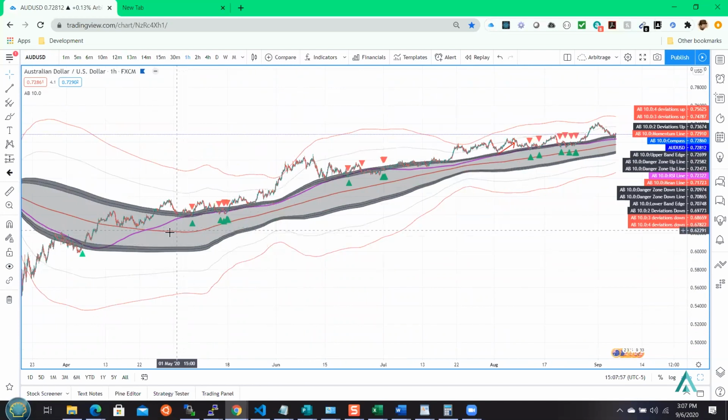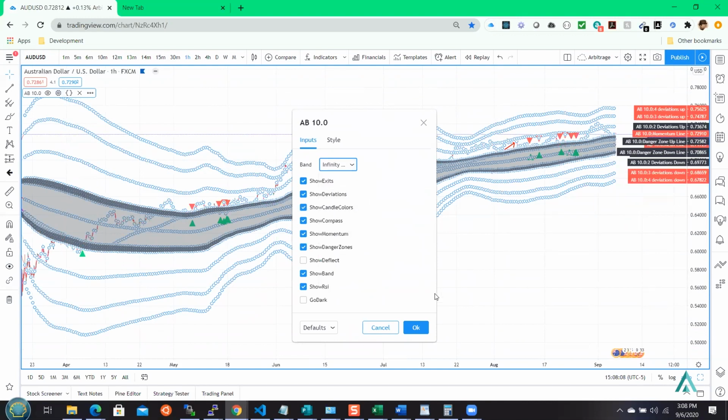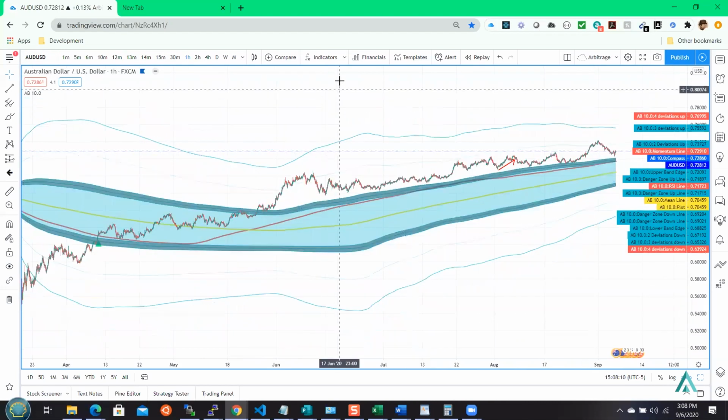Typically, when I saw this in previous iterations of the bands, that meant there was one other band above it. So as soon as I saw that, I said, okay, there's another band above it. Let's see if we can find it. And sure enough, there is the next bigger band, bigger than the Apocalypse band that we're playing with right now.